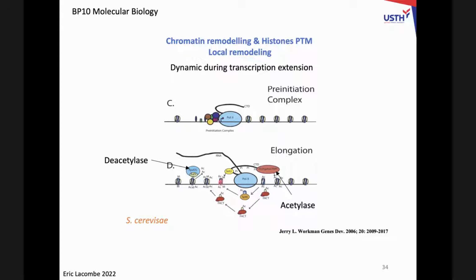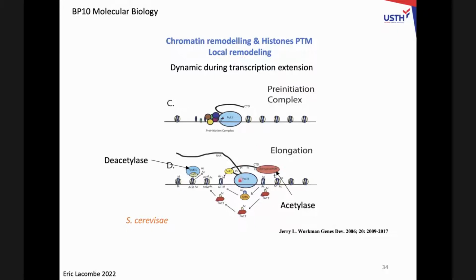You see here, it's a nucleosome which is not compact, but polymerase can go on transcribing because it is interacting with something that we call elongator. But the name elongator was given before knowing the dynamics of the chromatin. Actually, this protein that historically was called elongator is an histone acetyltransferase.